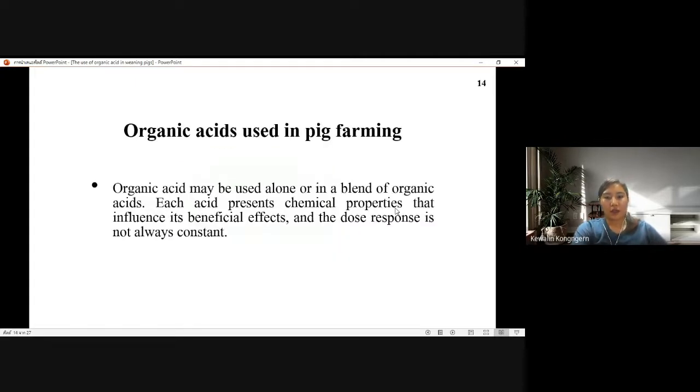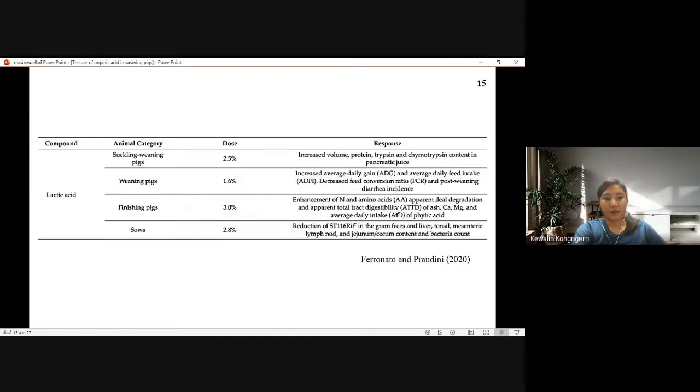Organic acid used in pig farming. The organic acid may be used alone or in a blend of organic acids. Each acid presents chemical properties that influence its beneficial effect, and the dose response is not always constant. This is lactic acid.